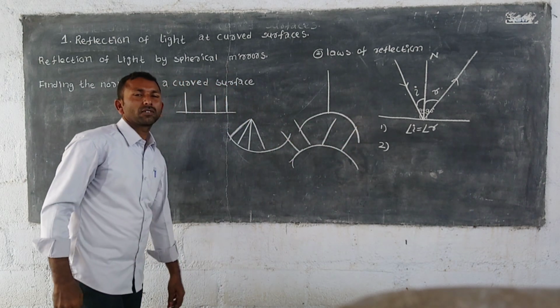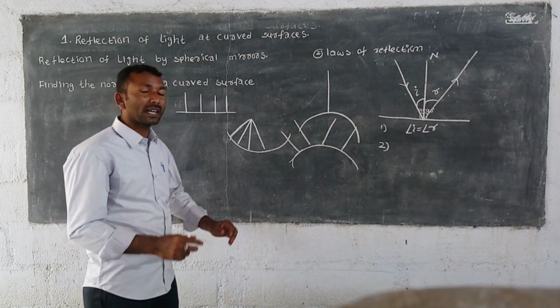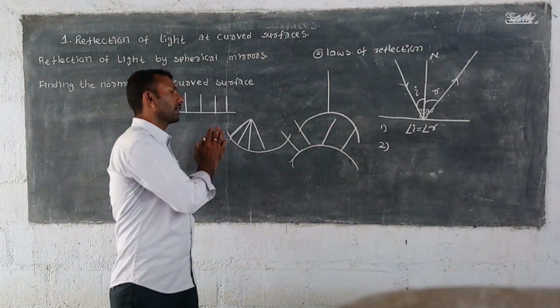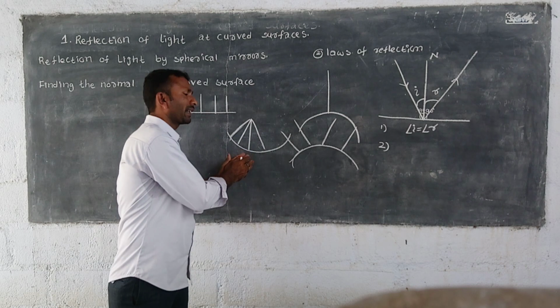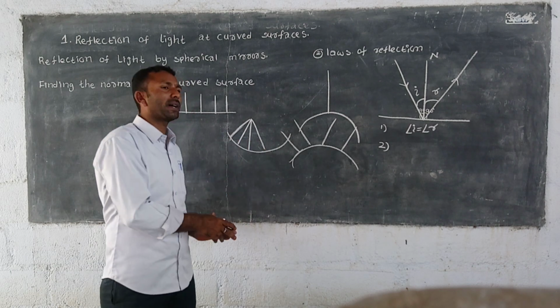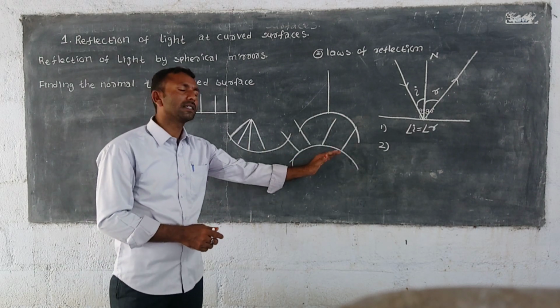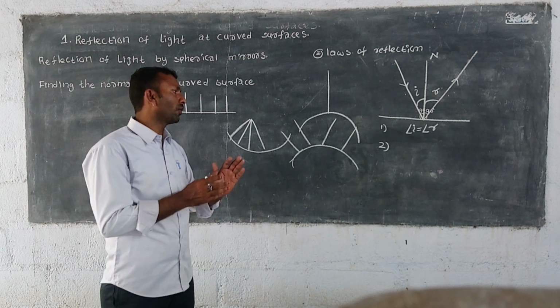Then the conclusion we can get here is that the light rays incident on the curved surface, which belongs to the concave mirror, will converge at one point, and in the second case they are diverging in their own ways.